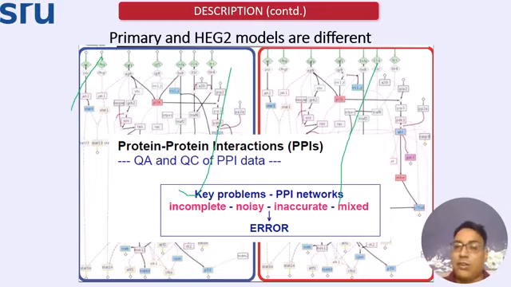The reason is, if I'm taking 10 proteins, and every protein is interacting with two to five other proteins, there can be many interactions, like 20 to 50 interactions possible.